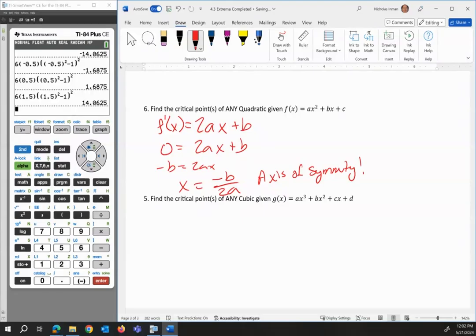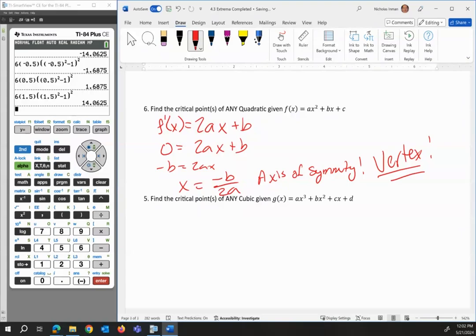We used to use this formula all the time to find the minimum or maximum, the vertex point of a quadratic. It's a formula we used all the time, and calculus is how we actually derive that formula. You take the derivative, you set it equal to 0, and we've got ourselves our vertex, our axis of symmetry.